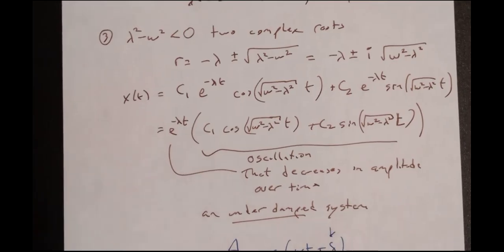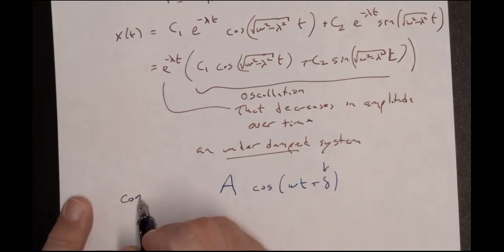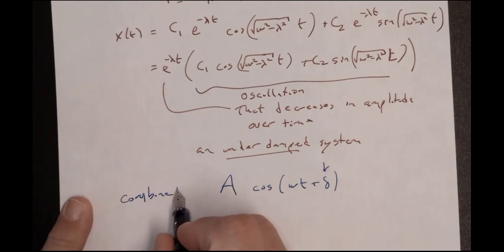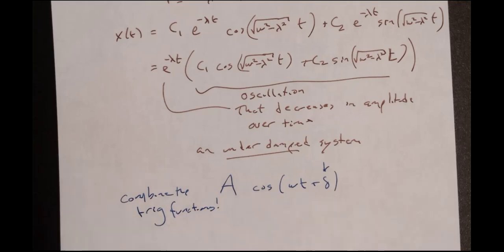Remember this thing? Oop, doesn't help if you can't see it. And this involved using the cotangent being C1 over C2. And then if I use sine, it was the tangent being C1 over C2. There was a formula for this.